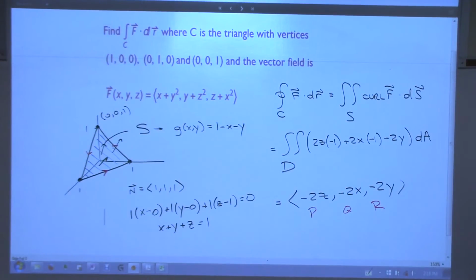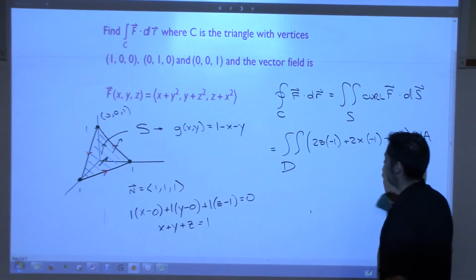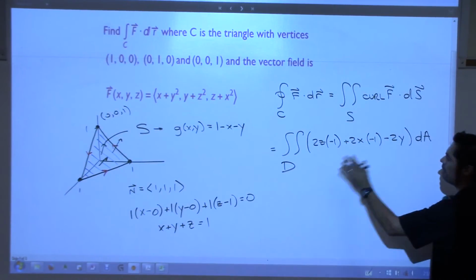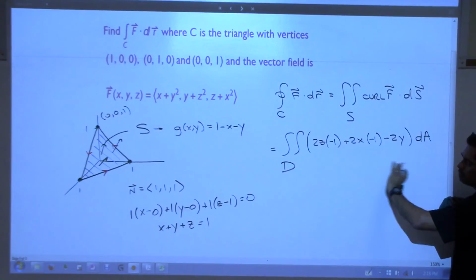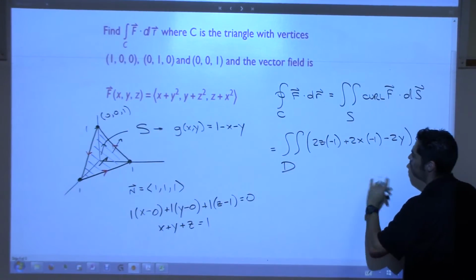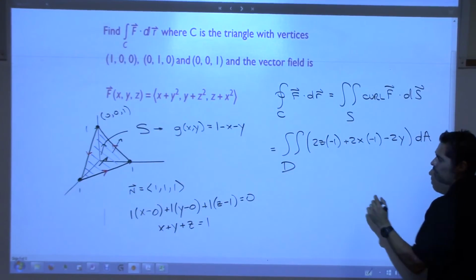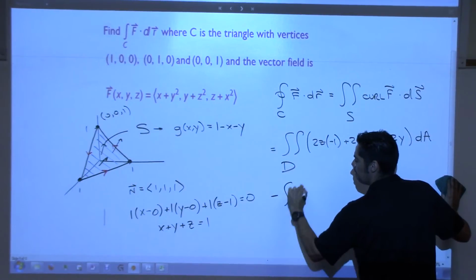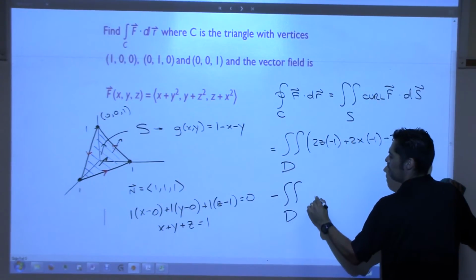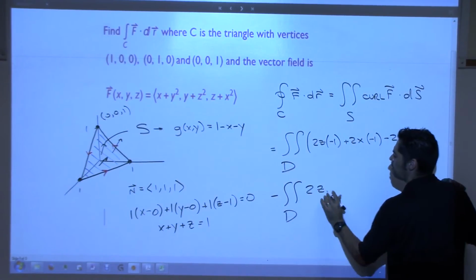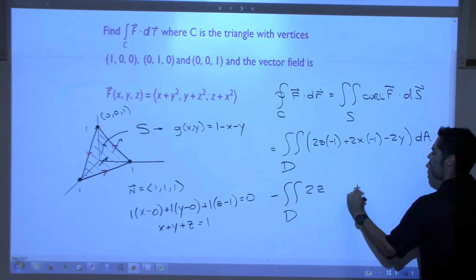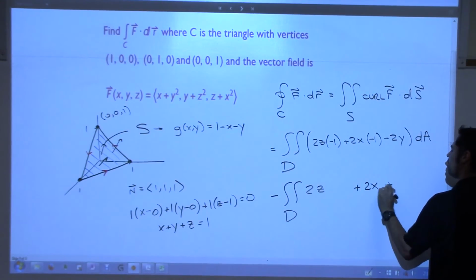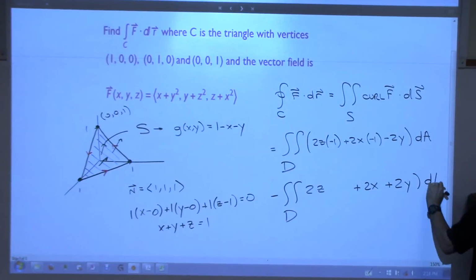Let me clean that up. They're all negative. Do you want me to pull a negative one out or just leave it? Pull it out. Negative double integral over D of 2z, and I'm going to leave a space here intentionally, plus 2x plus 2y dA.